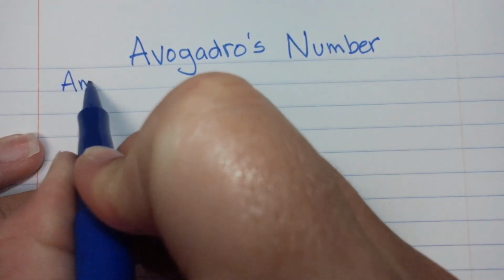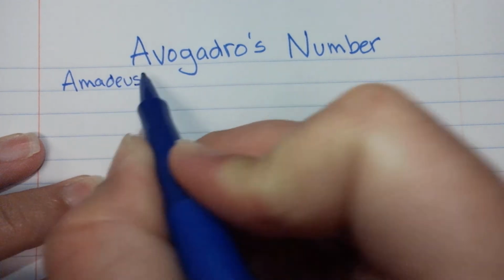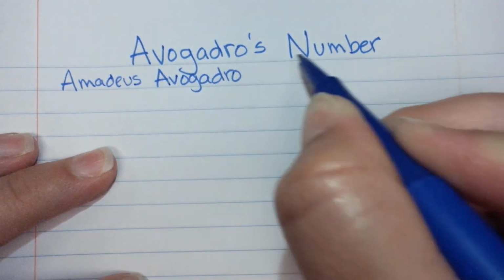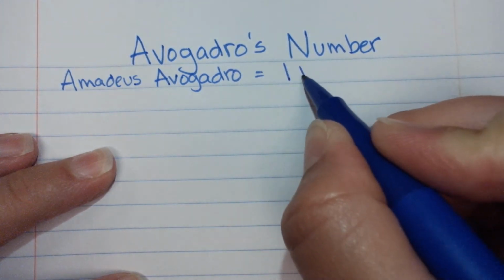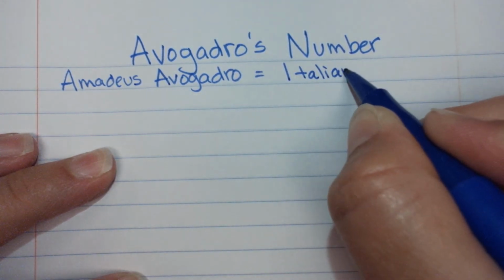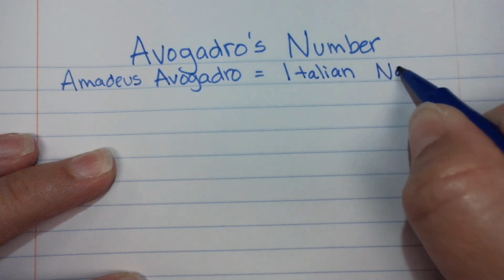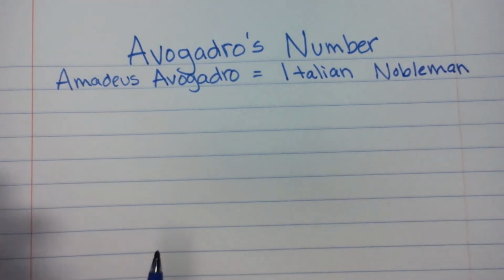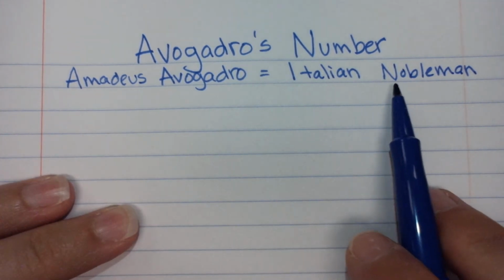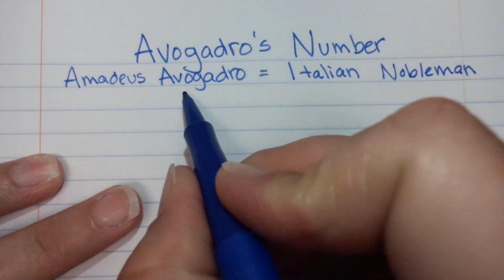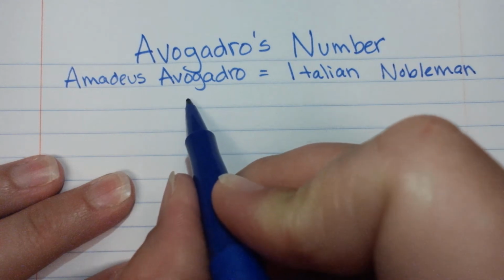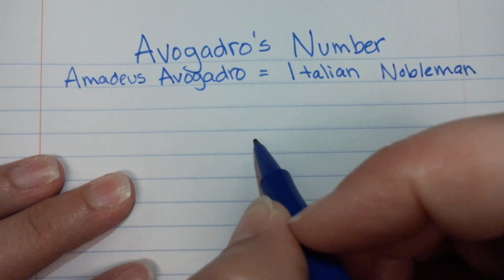Amadeus Avogadro was an Italian scientist. He was also a nobleman. Okay, he was an Italian nobleman, and he was very interested in atoms.